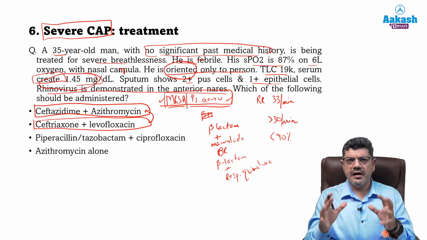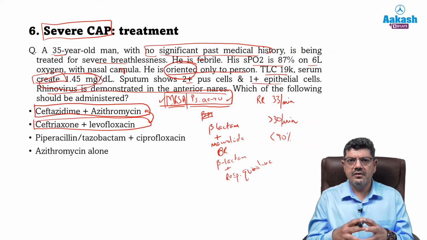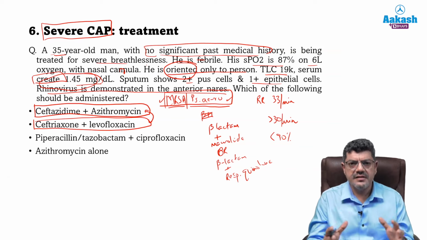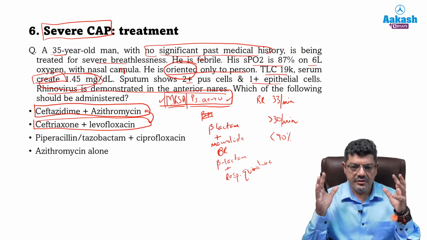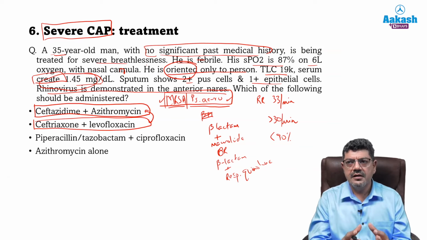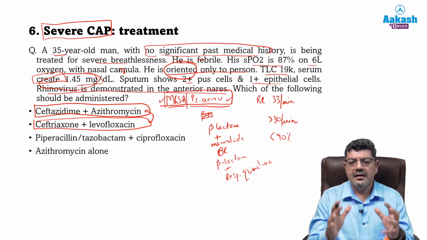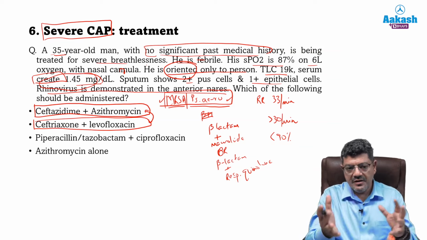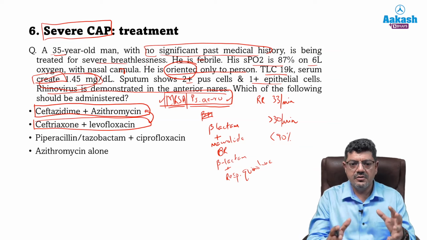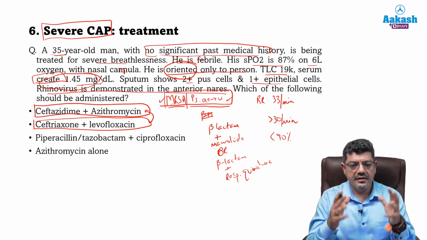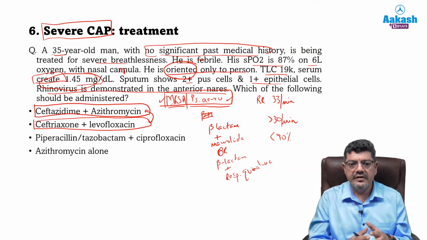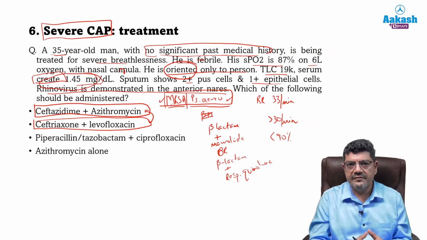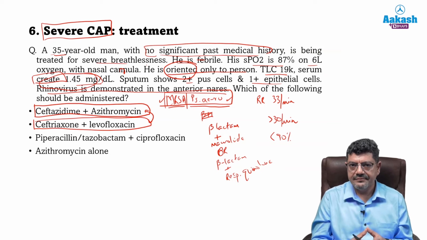So my advice for so-called controversial questions is that you find out as much as you can about the theory surrounding that topic. When you go to the exam, look at the question more carefully. See, these are recall questions. Maybe I forgot something that's important to make that decision, and that would inform me whether to use ceftazidime, azithromycin, or ceftriaxone, levofloxacin, right?